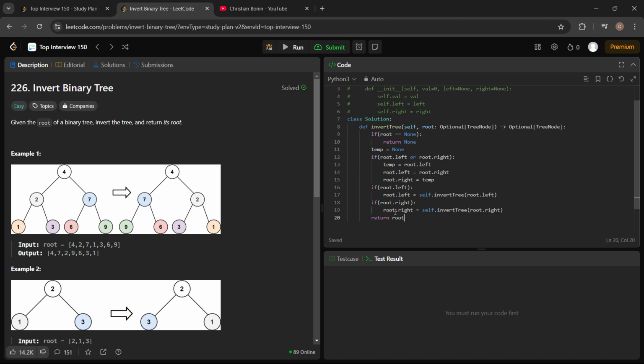So when it gets to the point where there is no left and there is no right, which will happen when we get down to 1, for example, it'll just return the root, which will be 1, because that is the last thing we called the function on.